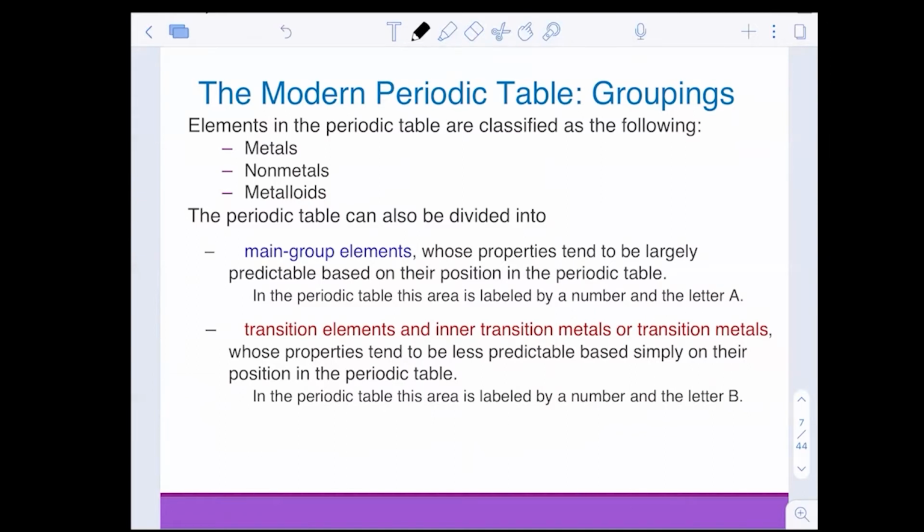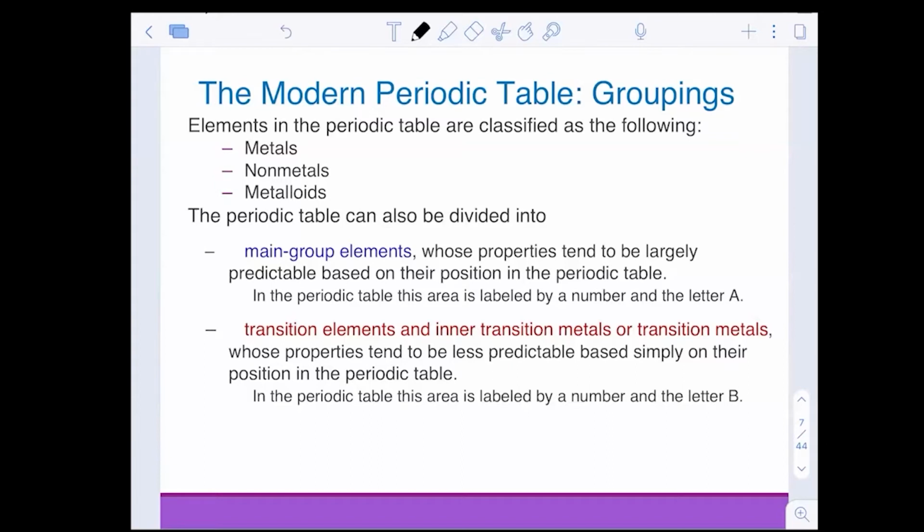The periodic table can also be divided into main group elements, and those are elements whose properties are very, very predictable. The main group elements, if we just count across, it's the middle section from scandium to zinc. Those and their families are what we call the transition elements, and the inner transition elements or transition metals are the lanthanide and actinide series.